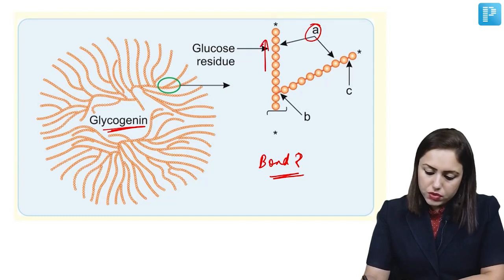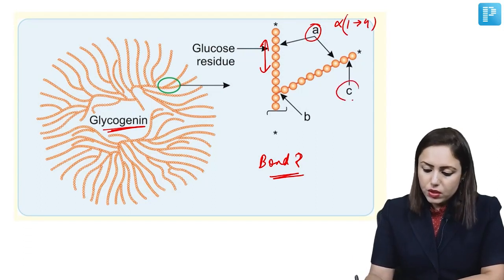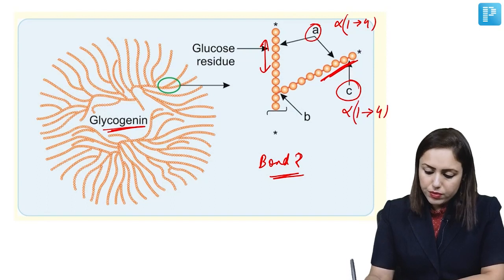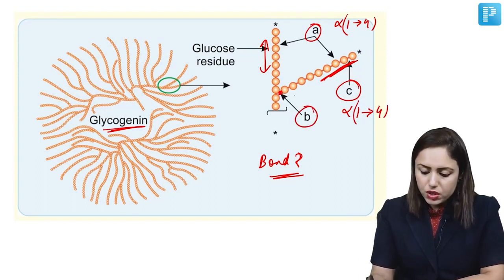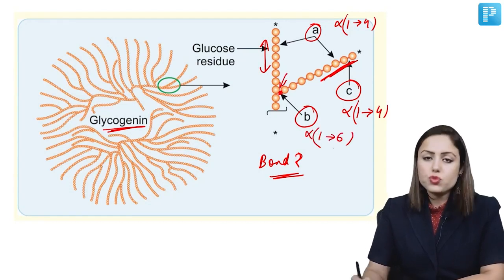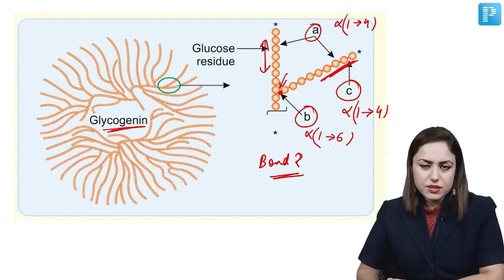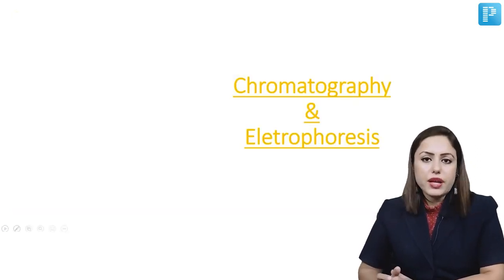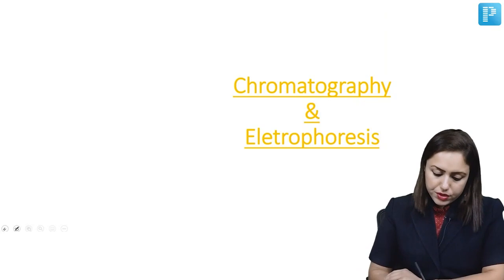You can see it is a linear structure. So this is an alpha 1,4 bond. Point C also is in the linear structure, that is also an alpha 1,4 bond. But point B, at a place where a branch is starting, the branch point is alpha 1,6.